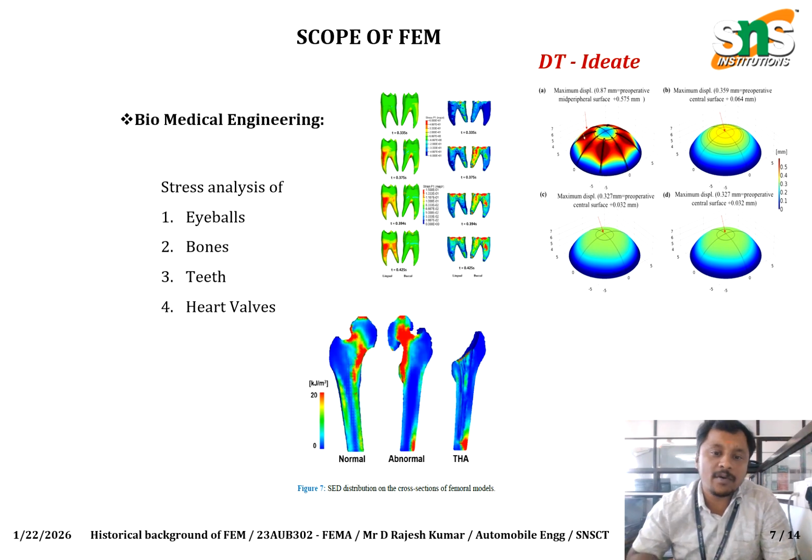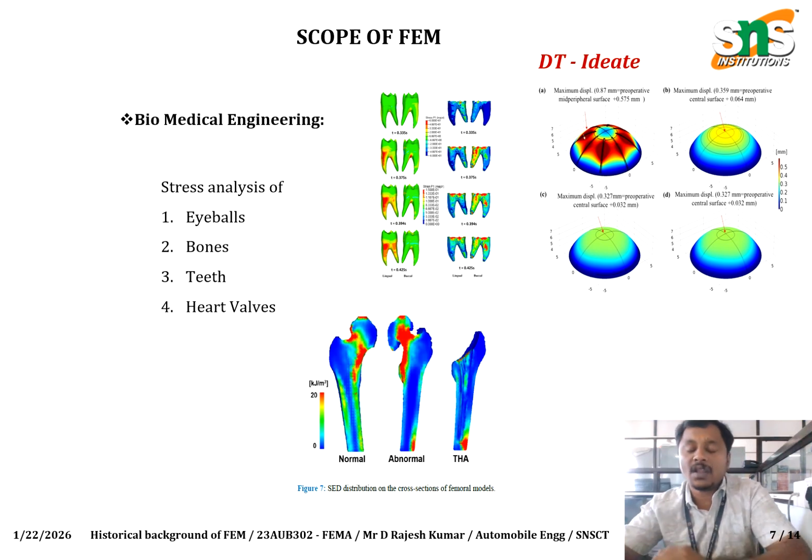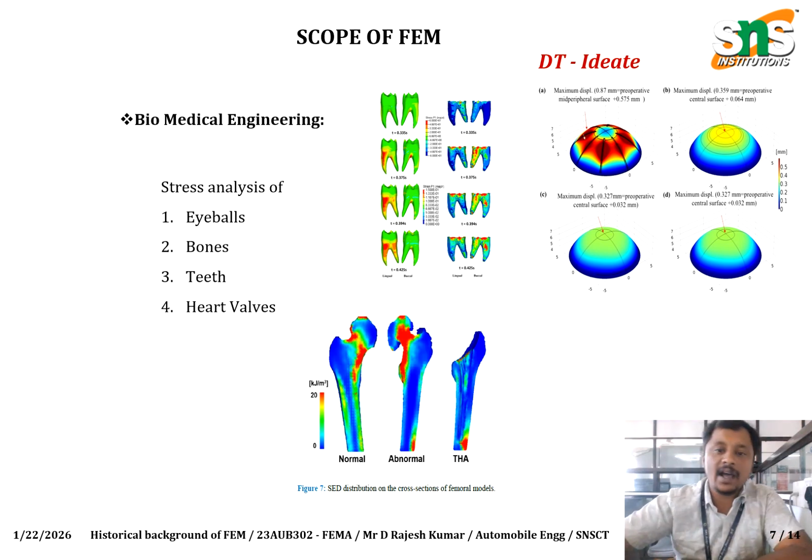You can also see the application of finite element methods in biomedical engineering. Here you can see bones, teeth, and the lens that is used to replace specs, right? They all have some load, because if you see the teeth, if you bite hard food, the force acts over the teeth.